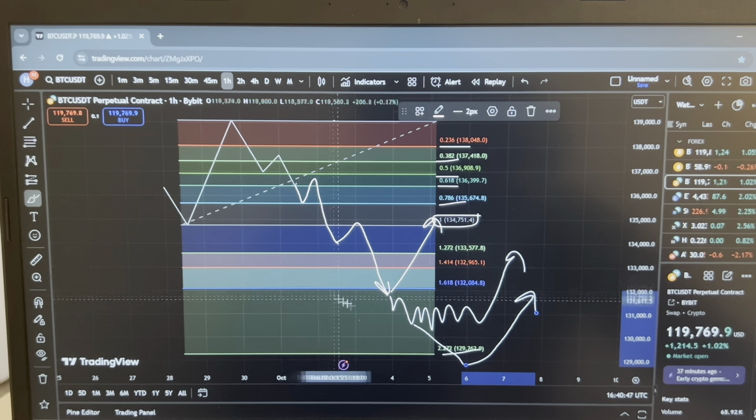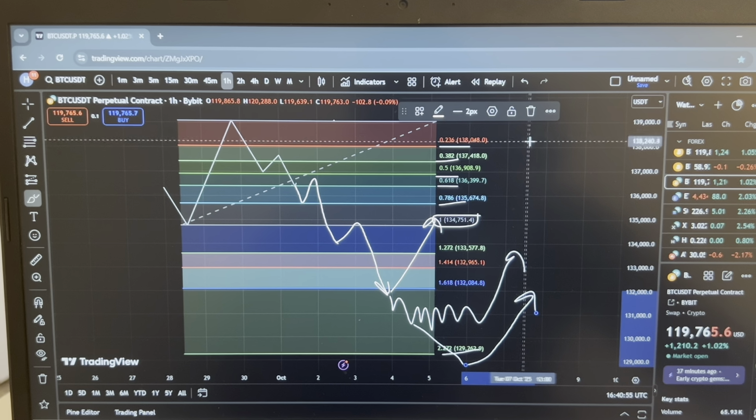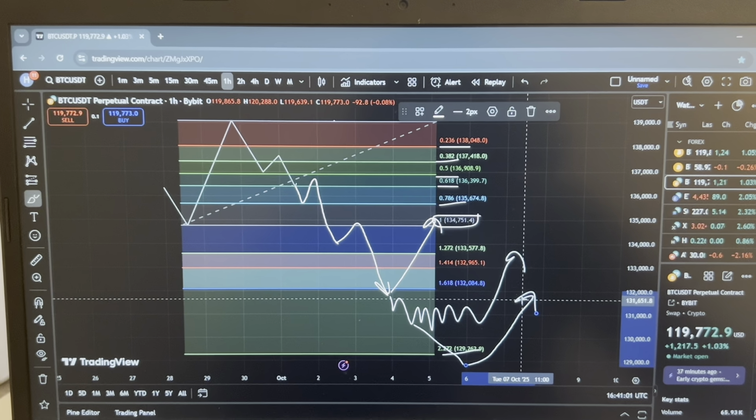I mean, there are scenarios that it keeps on just going down, and if you're finding in the uptrend also, there are scenarios that it's gonna just keep on going up. I'll show you guys a scenario like that after.